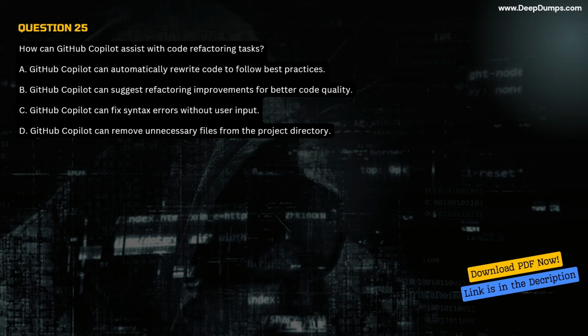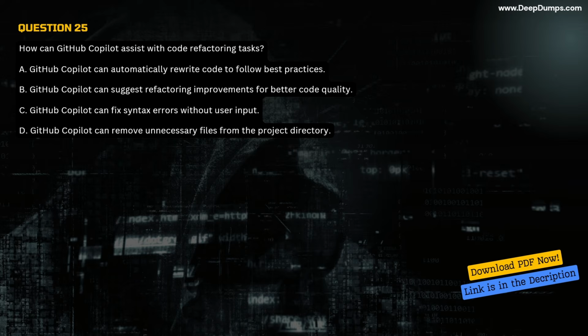Question 25. How can GitHub Copilot assist with code refactoring tasks? A. GitHub Copilot can automatically rewrite code to follow best practices. B. GitHub Copilot can suggest refactoring improvements for better code quality. C. GitHub Copilot can fix syntax errors without user input.